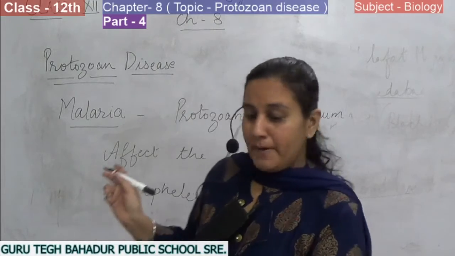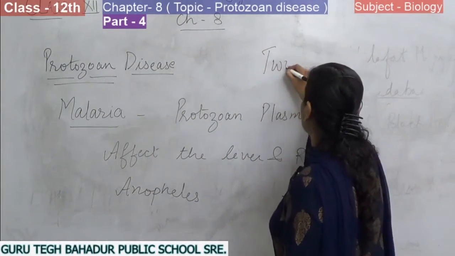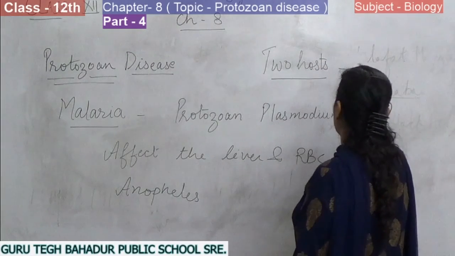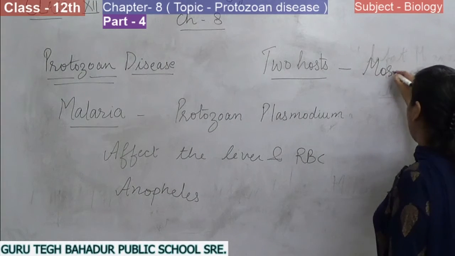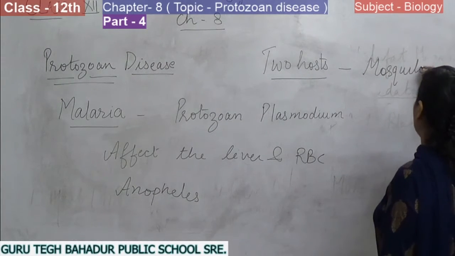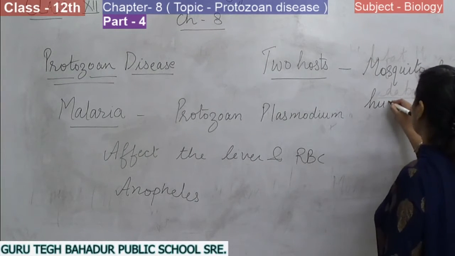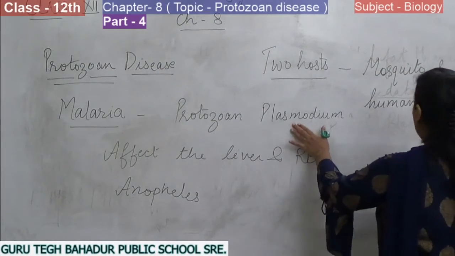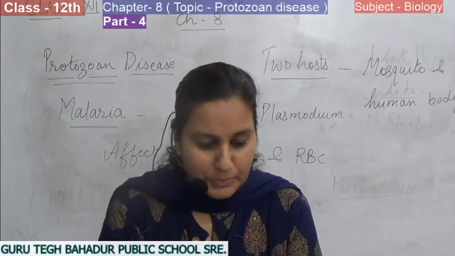The malarial parasite needs two hosts to complete its life cycle. One is the mosquito anopheles and the other one is the human body. These two hosts help the plasmodium to complete its life cycle and to cause malaria.